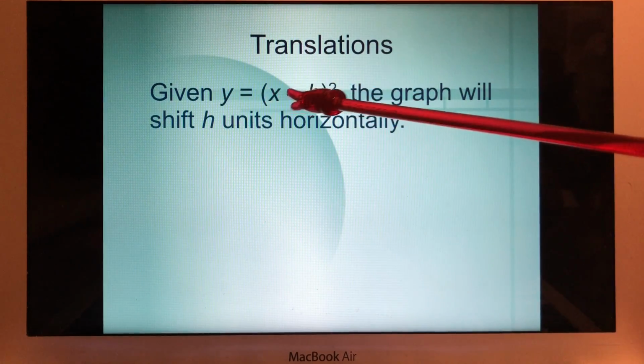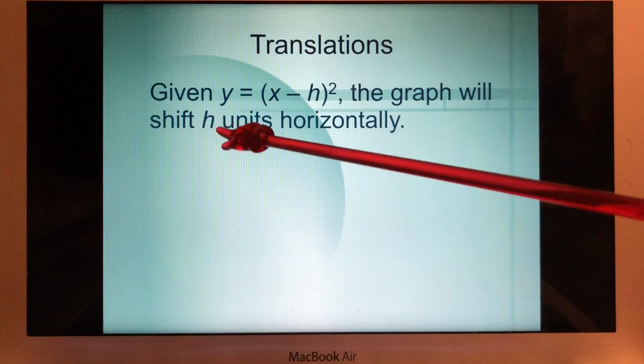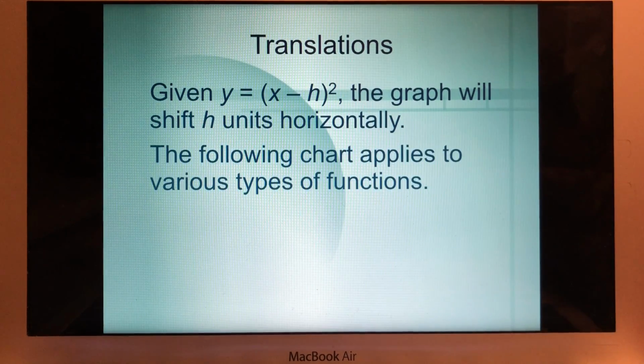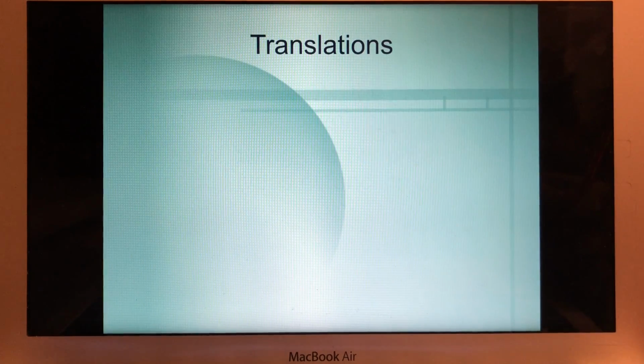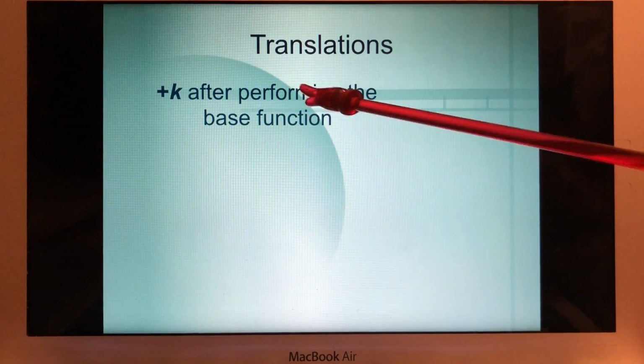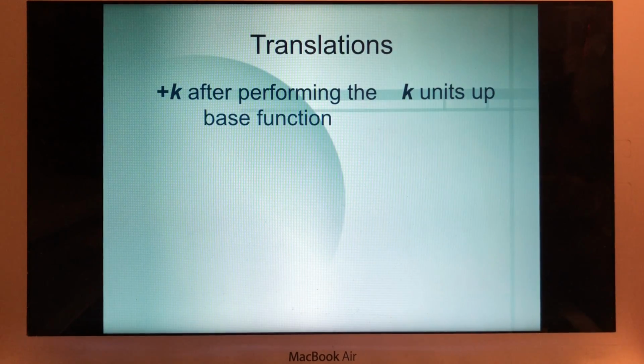Given y equals x minus h squared, the graph will shift h units horizontally. The following chart applies to various types of functions. So, plus k after performing the base function means k units up.